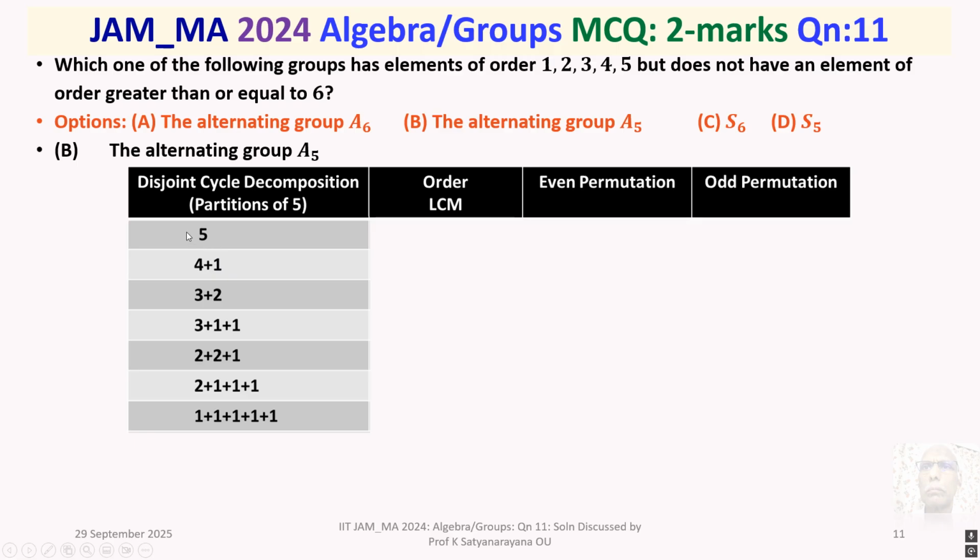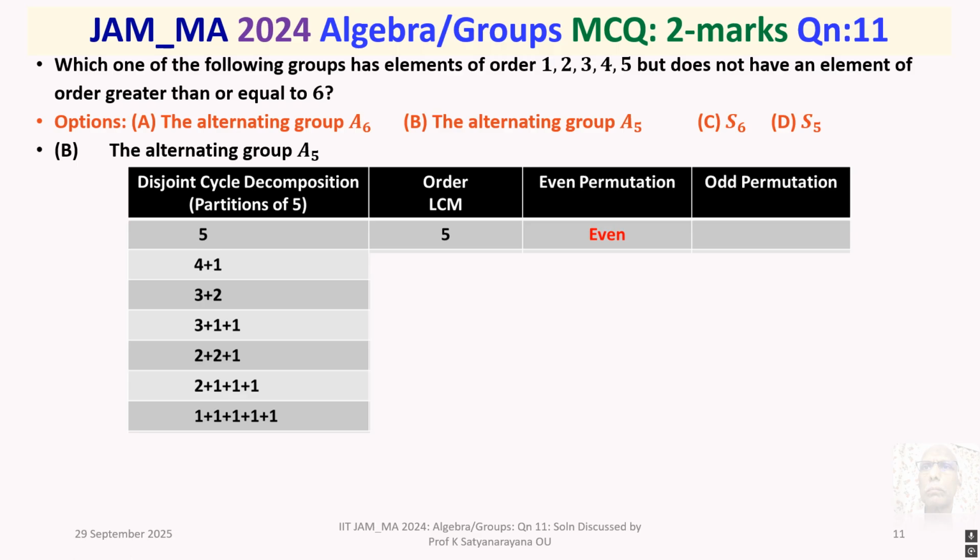For 5, there is a cycle of length 5, the LCM is 5. A cycle of length 5 is the product of 4 transpositions, so a cycle of length 5 is an even permutation.